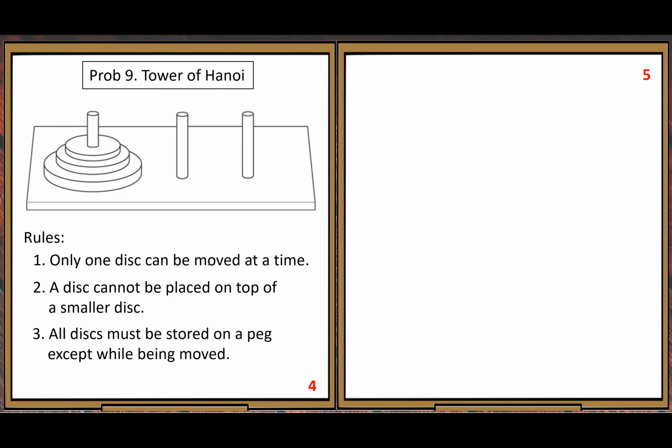Rule number 3, all disks must be stored on a peg except while being moved. So when you move, it's okay. You hold that disk for a short time, then you place it on another peg.